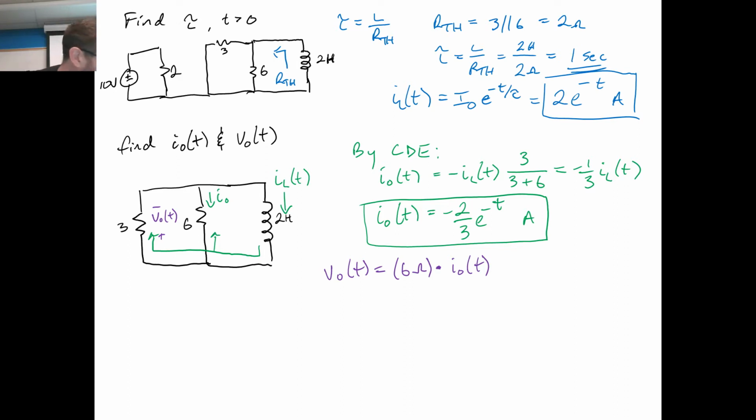Because we already know the polarity, positive on the bottom and negative on the top, since the currents are going in that direction, you can just multiply by the magnitude of I naught of t, because we already know the directionality.